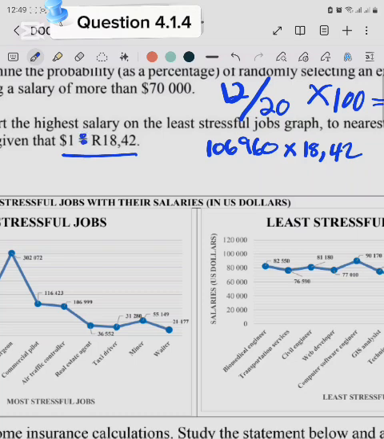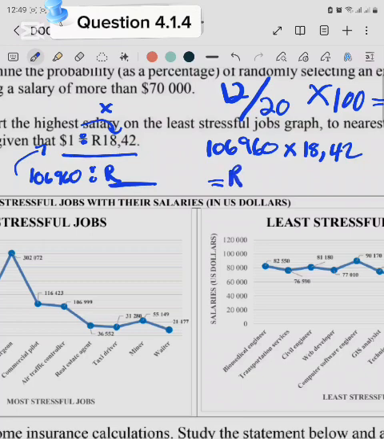Imagine it as a ratio: if I have $106,960, I want to know how many rands it is going to be. And therefore, divide by 1, multiply by 18.42. Both methods work perfectly fine. It's up to you which one you want to go with.